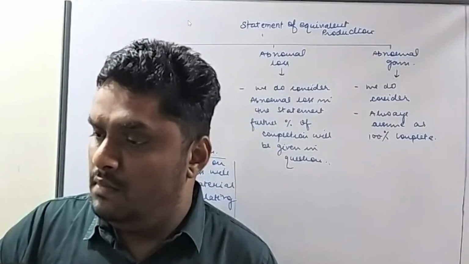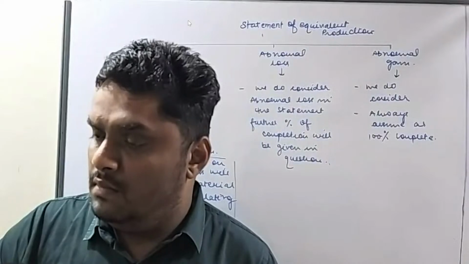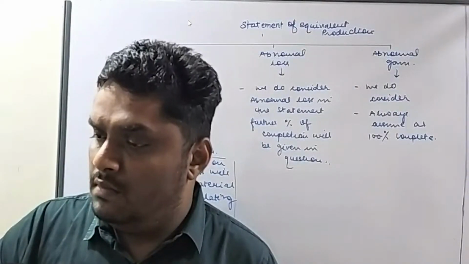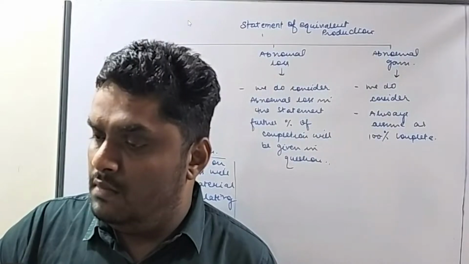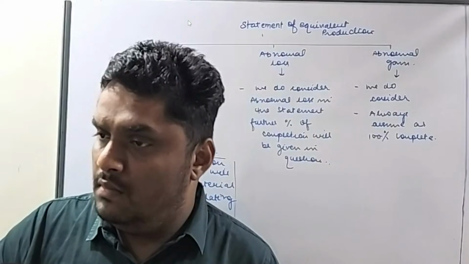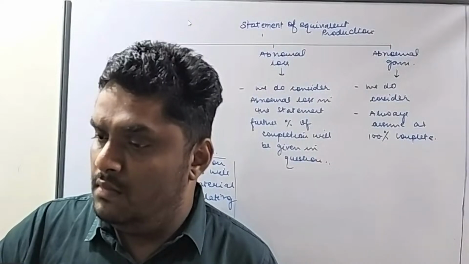So normal loss is to be borne by good units produced, abnormal loss is to be debited to Costing P&L. Now there can be abnormal gain also, and there can be questions where abnormal loss is there and in some process abnormal gain is there. Those types of questions also you need to practice.